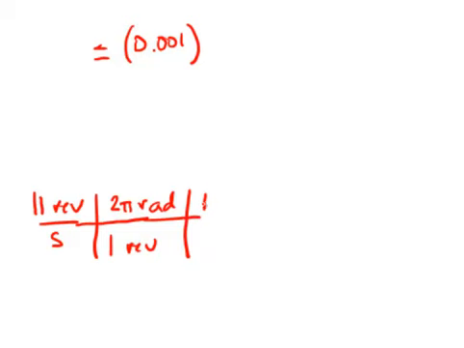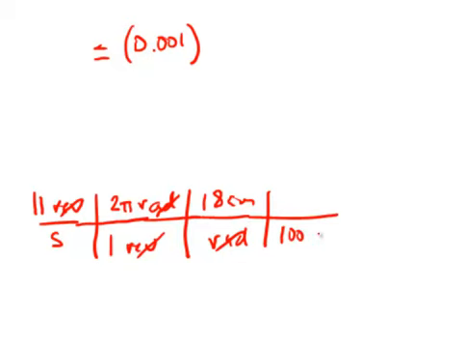So I can write 18 centimeters per radius. And so now I know the speed that the gram particle is moving in centimeters per second, but the standard unit is meters per second. So I'll do one more conversion and go from centimeters into meters. When I did this calculation earlier, I got that the particle was moving at 12.4 meters per second.